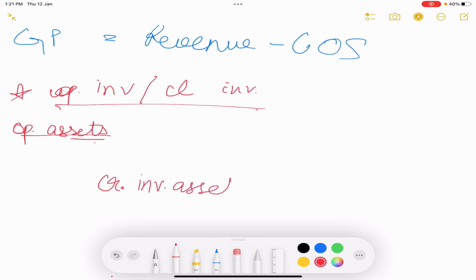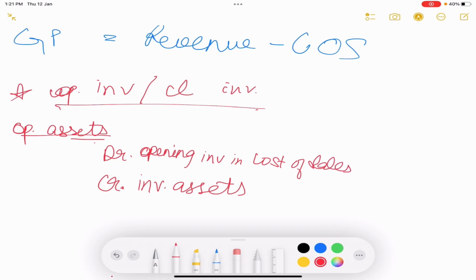Inventory assets. Okay. So whenever I'm talking about opening inventory, I need to keep in mind that I need to remove the opening inventory from the assets this year. So I'm going to credit the inventory assets.